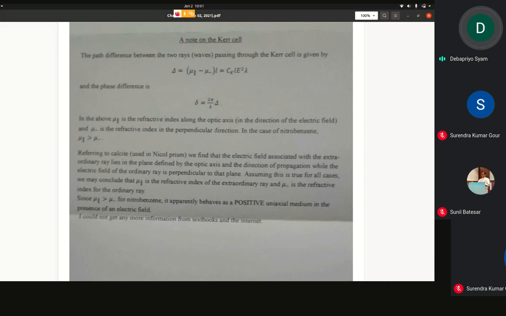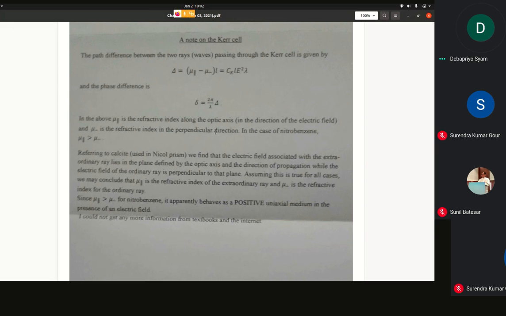The path difference between the two components, one parallel to the electric field and one perpendicular to the electric field, is equal to mu parallel minus mu perpendicular into L. And for the Kerr cell, this quantity is proportional to the square of the electric field and the length of the cell in the direction of propagation, that is the Z direction.